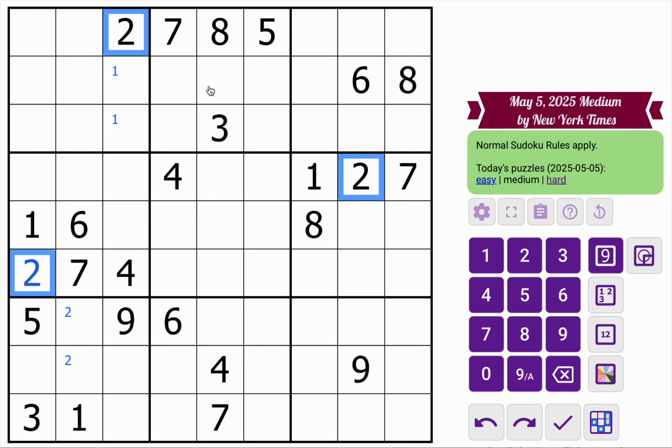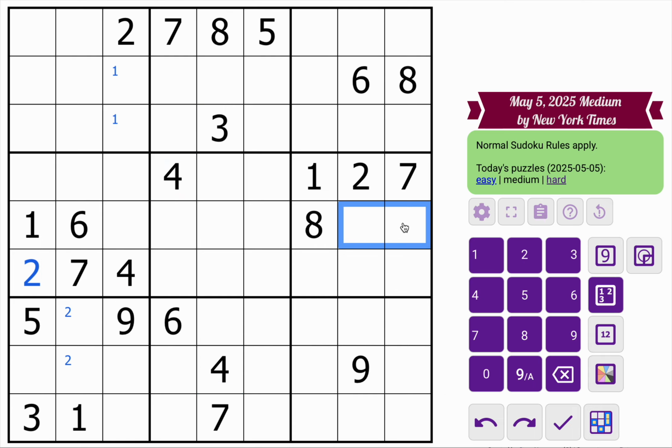Two can come in any of these three, two can come anywhere here, two can come in many places. Three can come in these three places. I'm just quickly going through it. You can confirm it yourself if you want to solve it together along with me, but there is not much to go with in three.